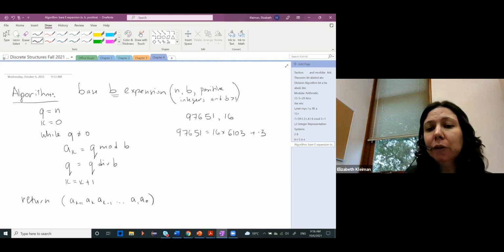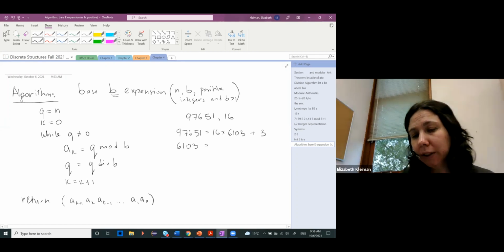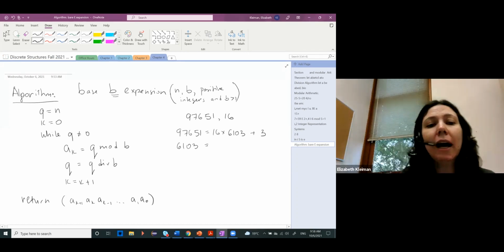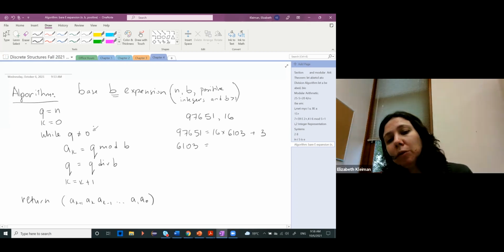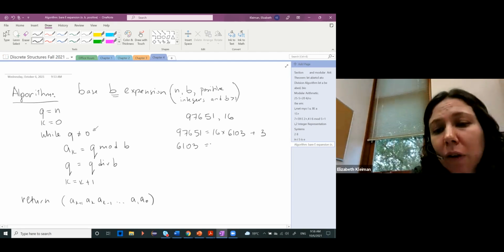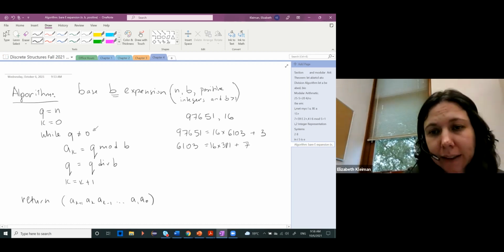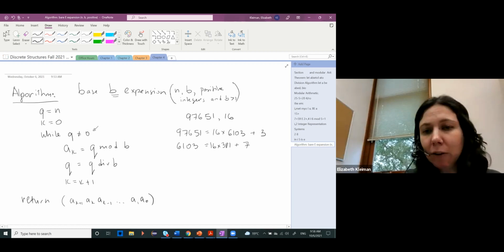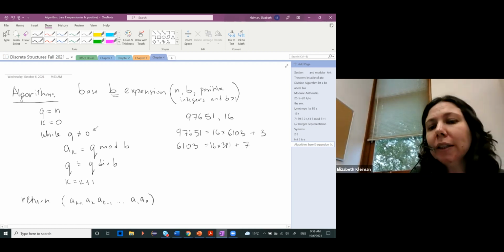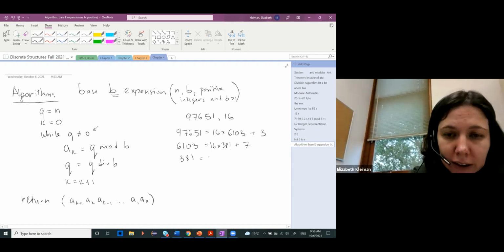Now my new Q is going to be the quotient, and I need to repeat the process. First of all, see whether I stop: my quotient is equal to 0? 6103 is not 0, correct? So I need to do it again. So now we're going to represent it again as 16 multiply 381 plus 7. Now we do the same. Q is the new quotient, which is 381. It is still not 0, so we still need to do it.